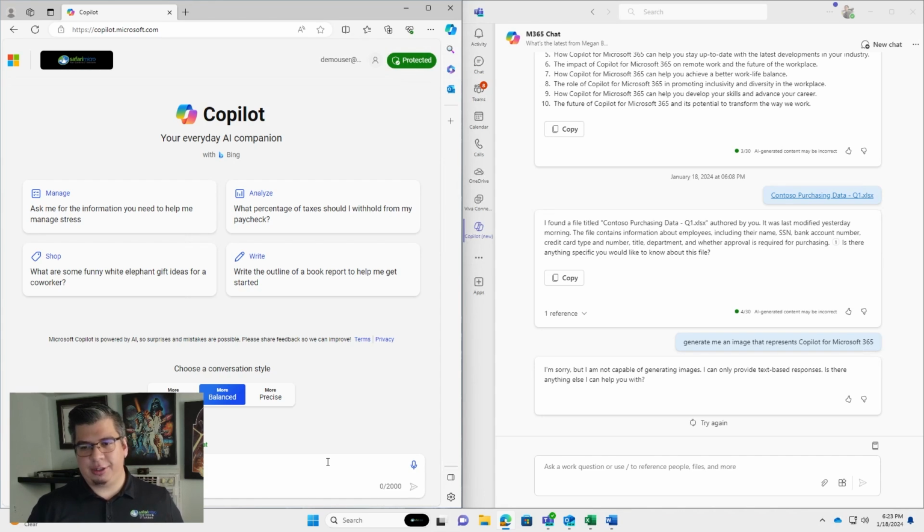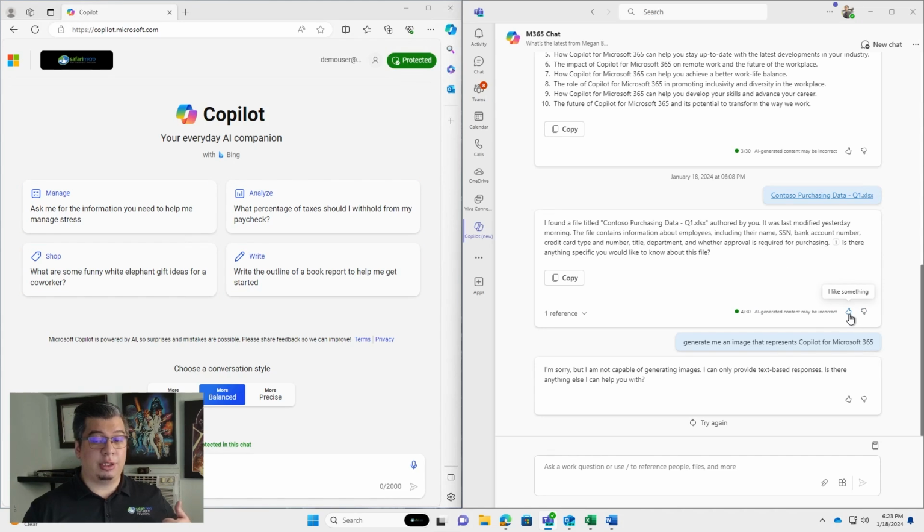So always train your users, and that's why they have this little disclaimer: AI generated content may be incorrect. And they provide mechanisms for allowing you to help identify whether you like that output or not. So if you do get incorrect information, make sure that you're giving that feedback to help train it so that it knows, oh hey, this is not how I should have answered it.